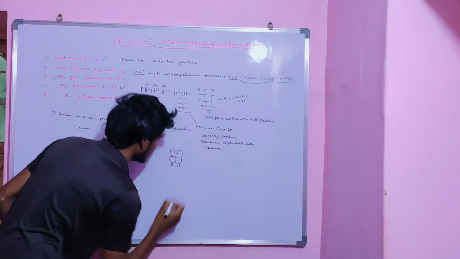Now the TAP 1 transporter, the MHC molecule remains in the same position. When the tapasin molecule and calreticulin are removed or dissociated, detached from the MHC, these amino acid fragments get situated.